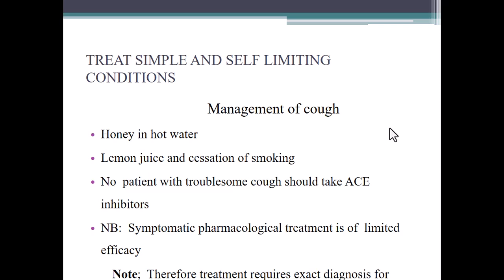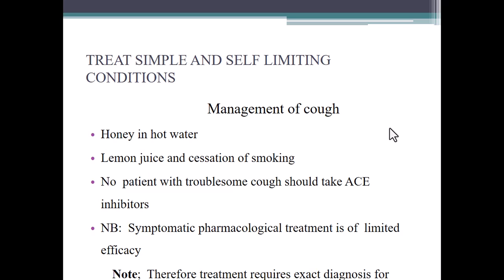When we look at cough, you can have honey and hot water, like you mix honey. This is non-pharmacological. That's why in the beginning slides, we said we can manage them pharmacologically or non-pharmacologically. So when you put honey in hot water without sugar, you may manage this because honey has a lot of effects on relieving cough.